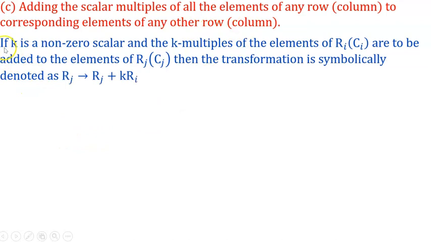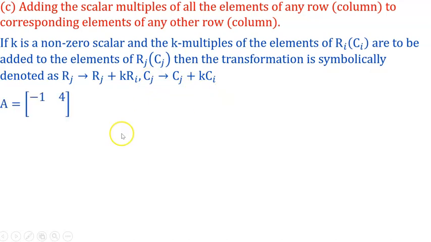For example, here, if k is a non-zero scalar and k multiples of the elements of Ri or Ci are to be added to the elements of Rj or Cj, then the transformation is symbolically denoted as Rj changes to Rj plus k times Ri, or Cj changes to Cj plus k times Ci.